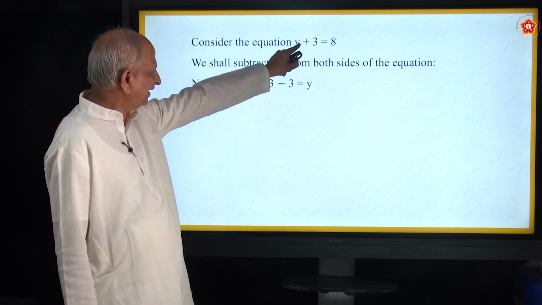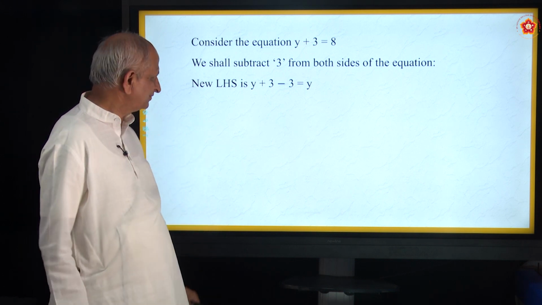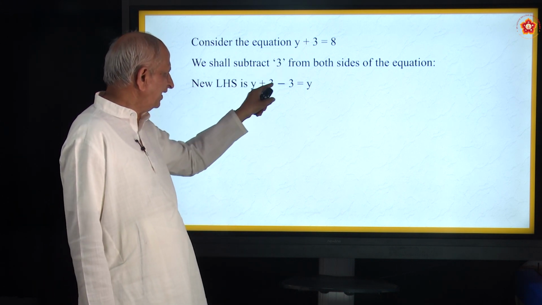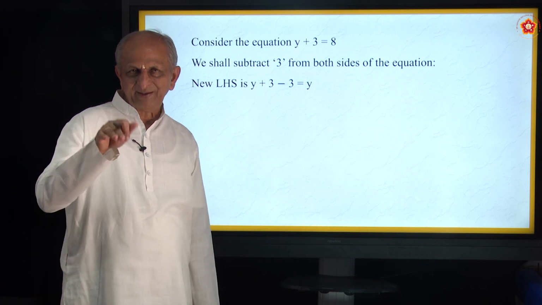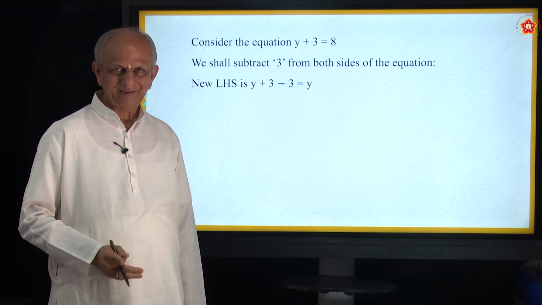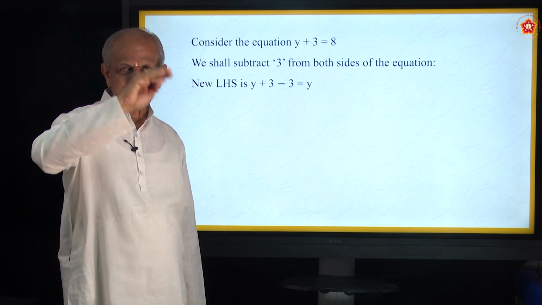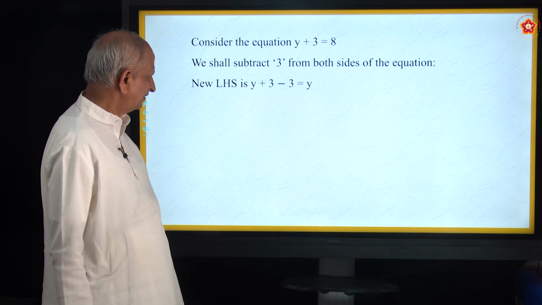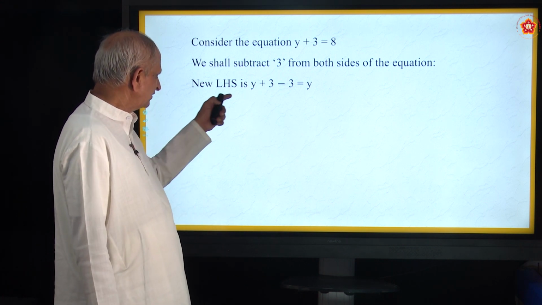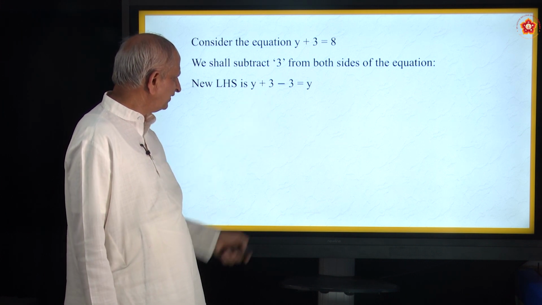Because the weight is more here. How much more? 3 more. So when plus 3 is given, take minus 3. Suppose minus is given, make plus 3. Suppose divide is given, multiply by 3. If multiply is given, divide by 3. Okay? Like that. So here subtract 3 from both sides.